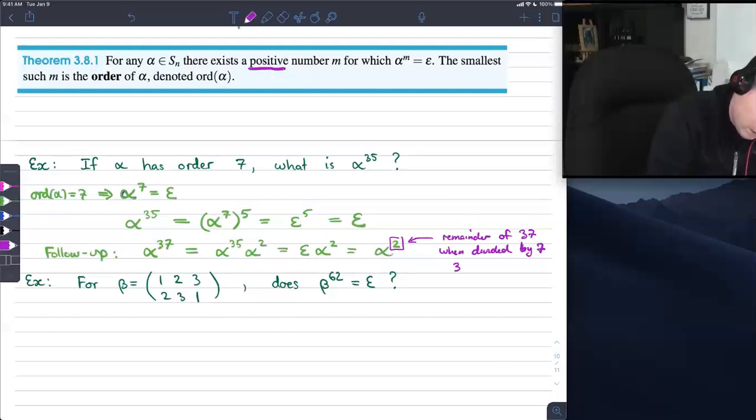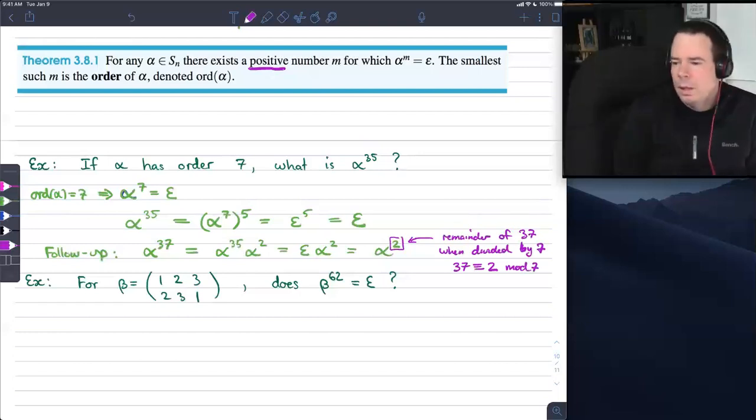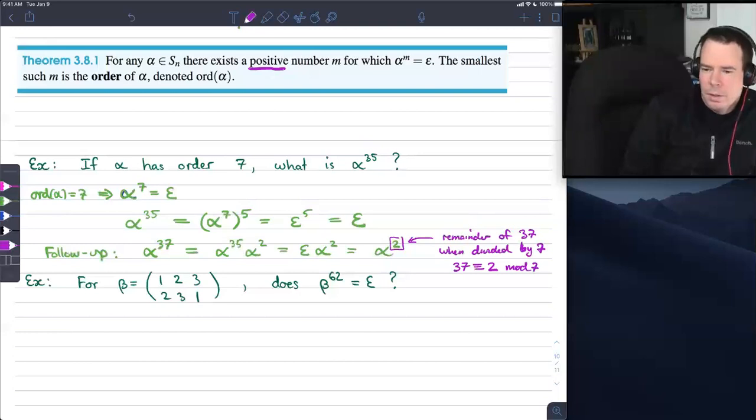In other words, we have that 37 is congruent to 2 mod 7. And so doing the calculation of alpha to the 37, we could simplify it and just do the calculation of alpha squared and get the same result. And that's because the order of alpha is 7. So anytime I raise it to the power of 7, it just turns into the identity.